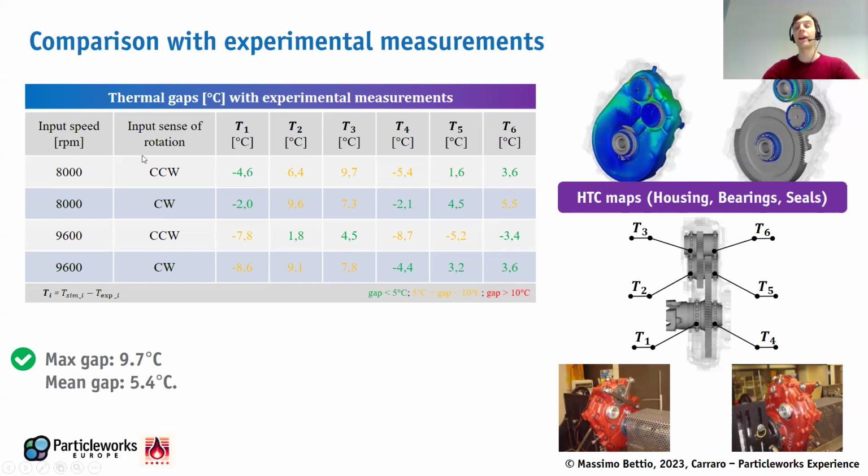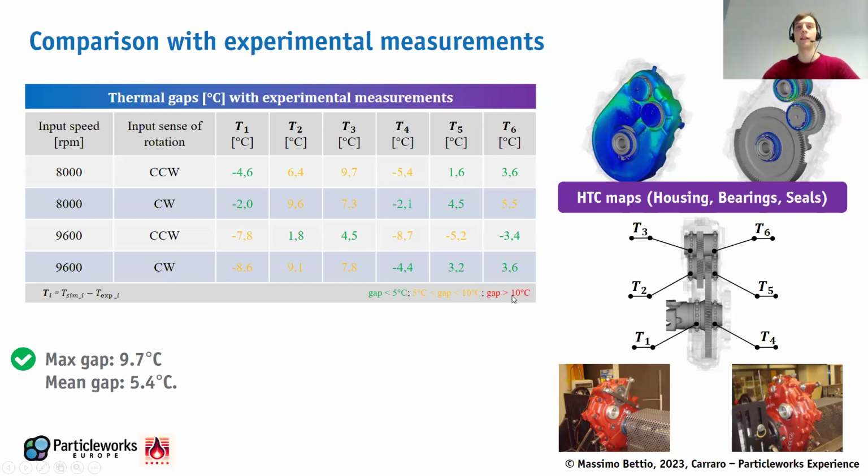And what you see here is the final table. I have to be very short in the discussion, but we can go into the details if needed. You see the delta temperature between the thermocouples placed experimentally and the temperature prediction from the model. What you see here now is not the HTC, but really the temperature distribution inside the gearbox and also in the bearings.